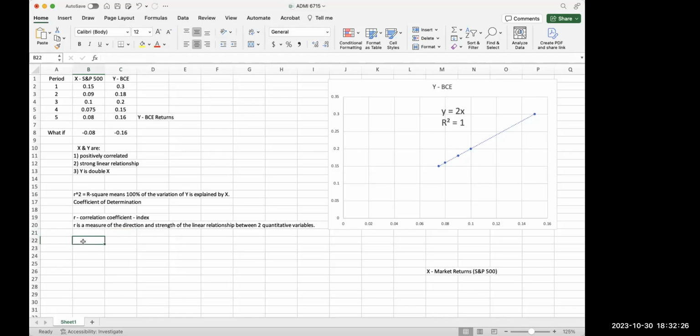Let's talk about the prediction line. What is the definition of the prediction line? Who can explain to me the prediction line?